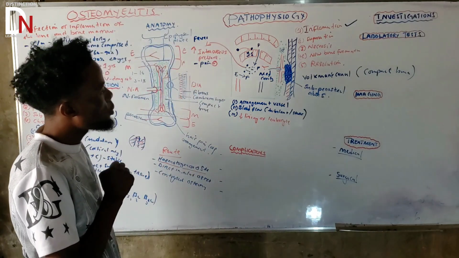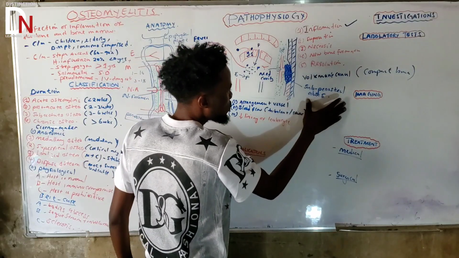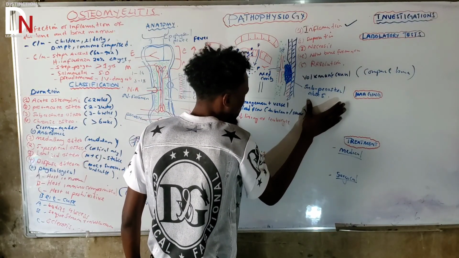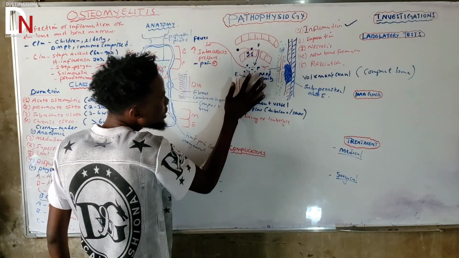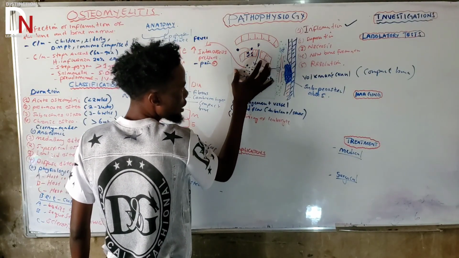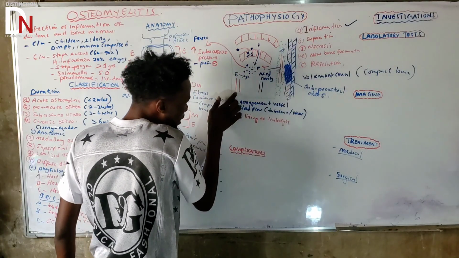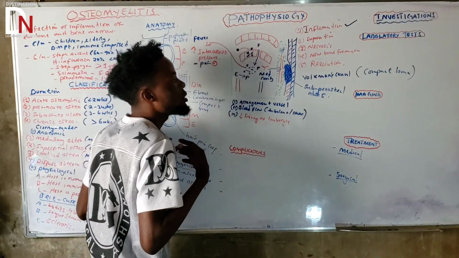Now, there's also an important point that's going to happen. If this subperiosteal abscess is formed, something else is going to start happening. Remember that if you come back here, there's increased pressure here, leading to the escape of pus. Remember that under the medullary cavity there are blood vessels.